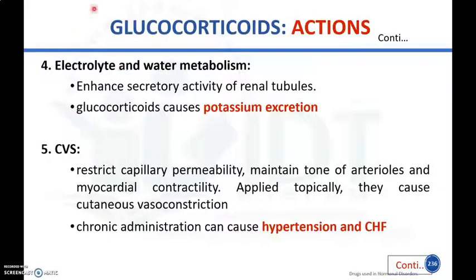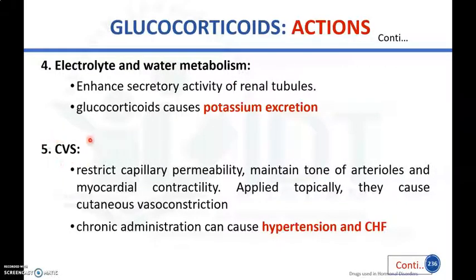Now coming to the electrolyte and water metabolism. Glucocorticoids have an enhanced secretory activity on the renal tubule, and glucocorticoids will cause potassium excretion also. So it may lead to hypokalemia.